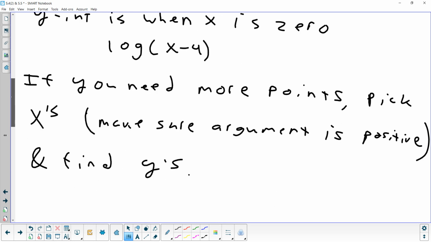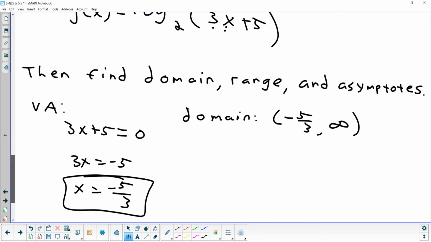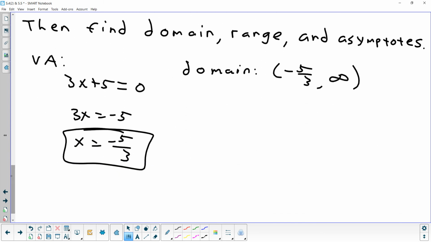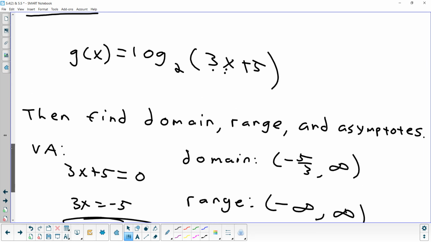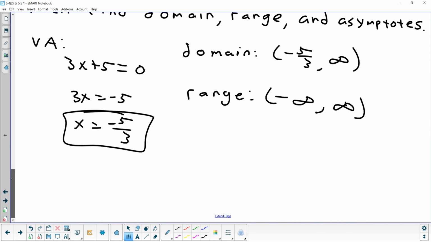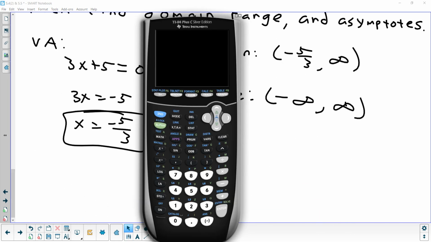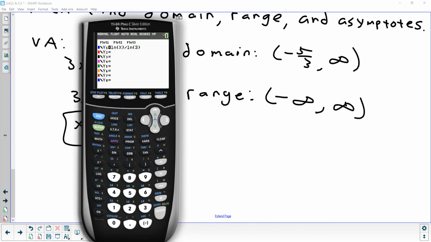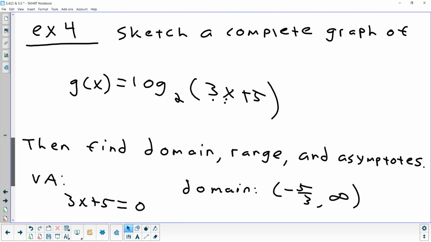All right, so we've got domain, asymptote, range. Well, this is the same answer for every log function we graph. What's the range always? Yep. Negative infinity to positive infinity. It's always going to go up and down forever. So without even making a sketch, we figured out everything they wanted. Now, the first part of the question was sketch. Okay, but we have everything else done. Okay, so let me type that in so I can use the table.